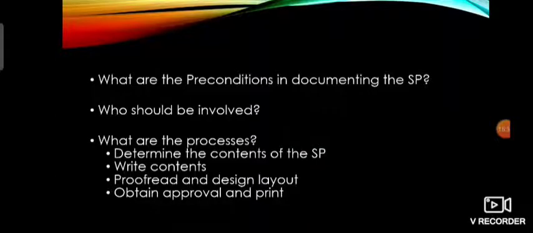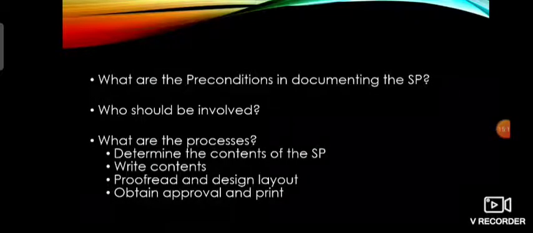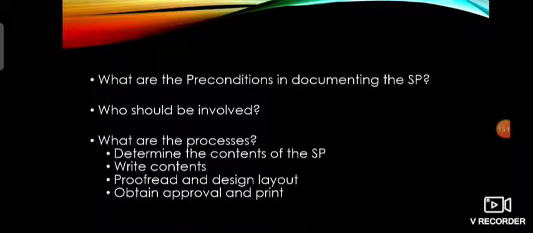For example, organizational history or the organizational chart, a message from the head of the organization, an executive summary. Okay, what else? Critical success factors, etc. So the SPT has to decide the contents of the strategic plan document, and in what sequence the contents should be presented.